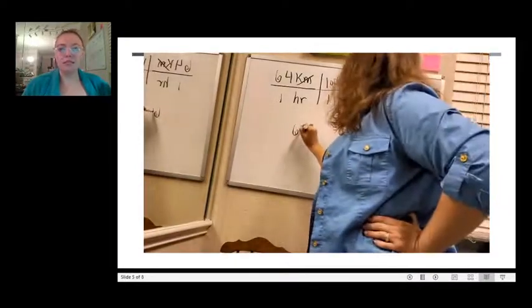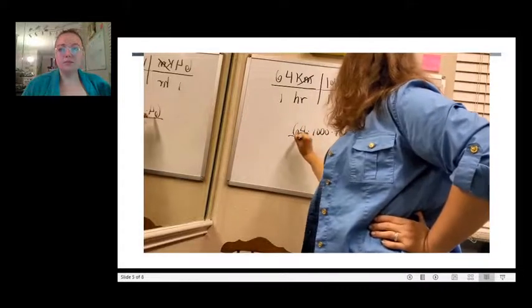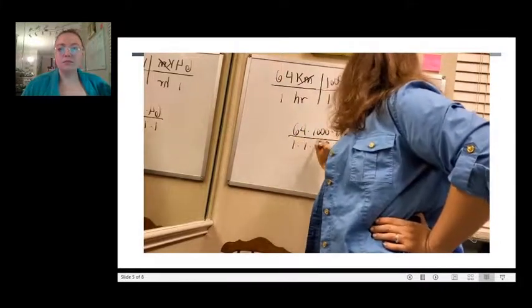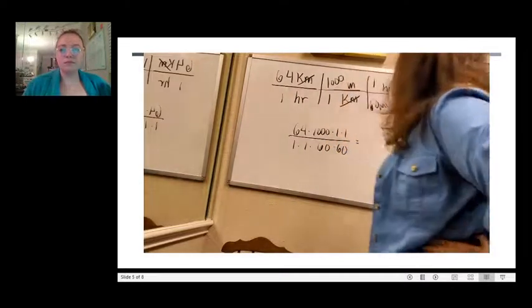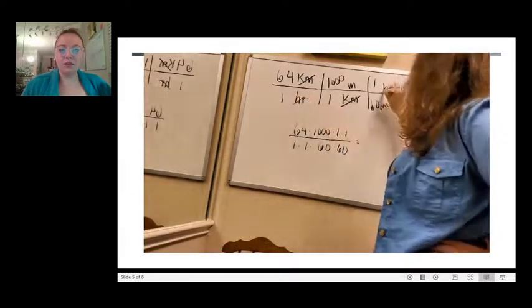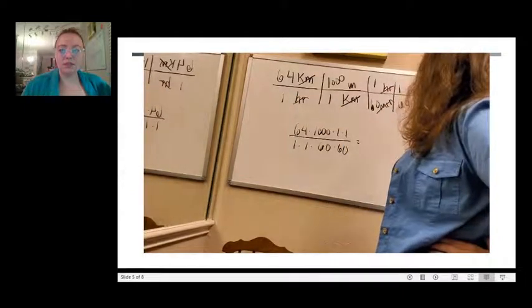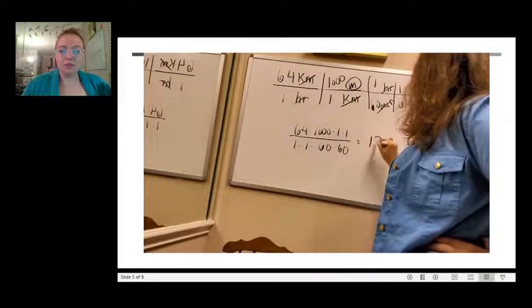So let me plug all of that in. And when we multiply and divide all of that out, our hours cancel, the minutes cancel, and we're left with meters and seconds on the bottom.